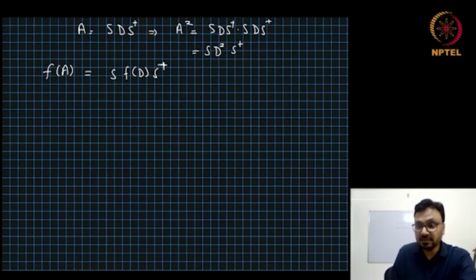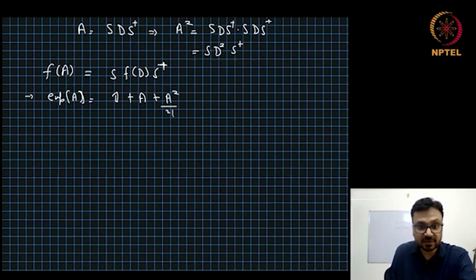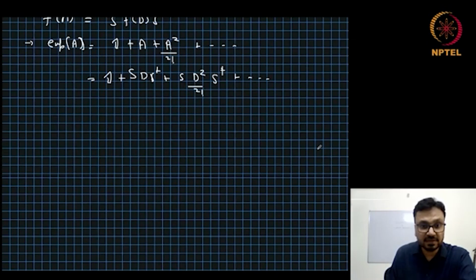Okay, so this we can see with one example, which is the exponential of A. The exponential of A will be written as identity plus A plus A square over 2 factorial and so on. We can write this as S D S dagger plus S D square over 2 factorial S dagger plus and so on. And the identity is also S S dagger. So this is S times identity plus D plus D square over 2 factorial and so on, S dagger.